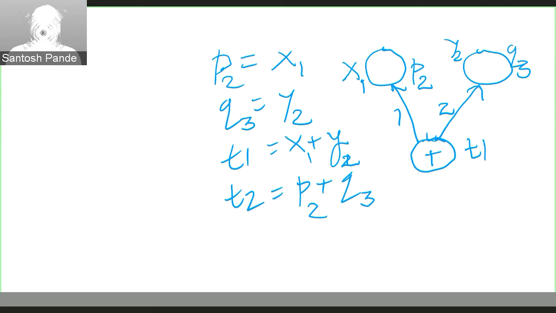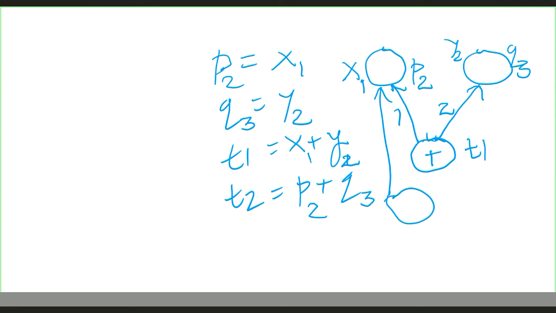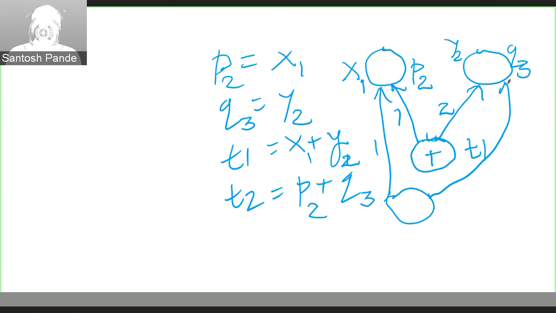So T1 is basically given this particular label. And in a similar way, for representing P2 plus Q3, if we do the same kind of thing, it will generate something like this. We'll connect the first edge here. We'll connect the second edge there, right?